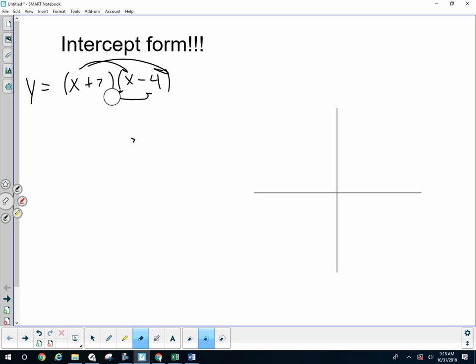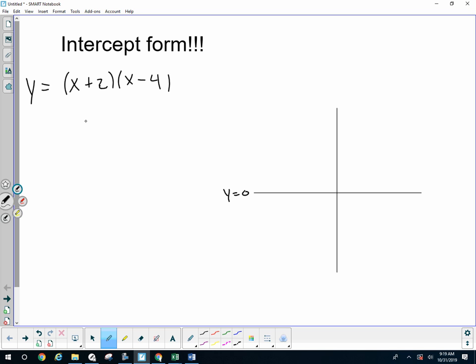If I was asked to just graph the equation of x plus 2 times x minus 4, I can do so very, very easily because of what I can see from the equation. And what I can see easily is the zeros of the equation.